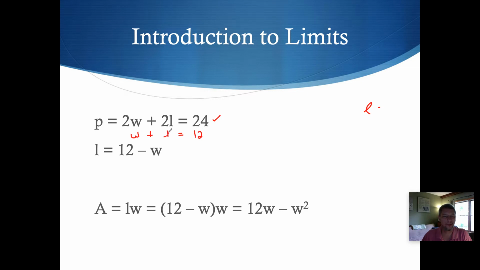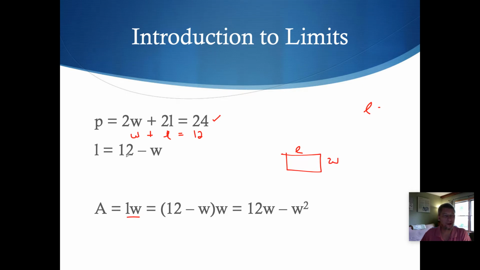Let me make that an L. And so L is going to be, if I subtract W from both sides, 12 minus W. Now, the formula for the area of a rectangle is length times width.